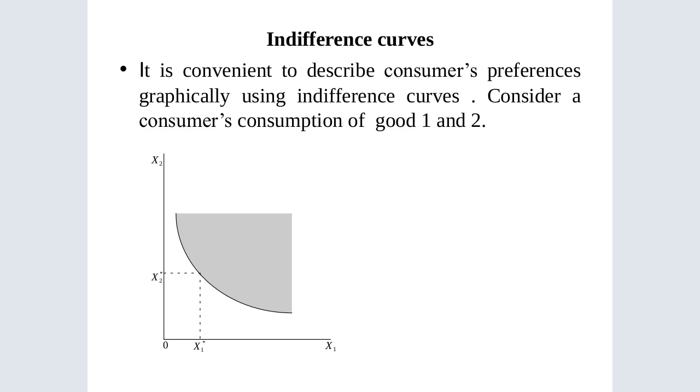So if you consider a consumer's consumption of good 1 and good 2, you can see that graph. You can see the shaded region, and we have the consumption of those two goods, that is X1 and X2. So the consumer can consume a combination of the two goods, that is X1 and X2.